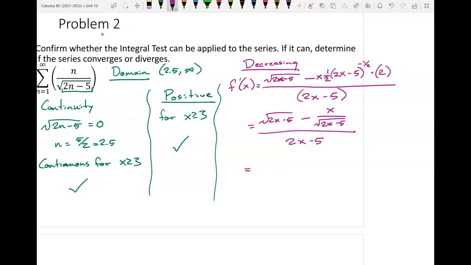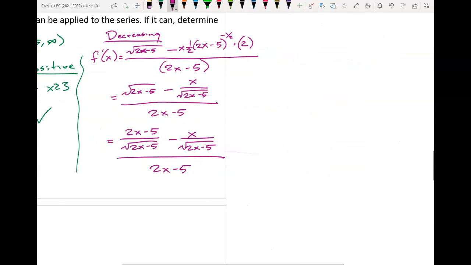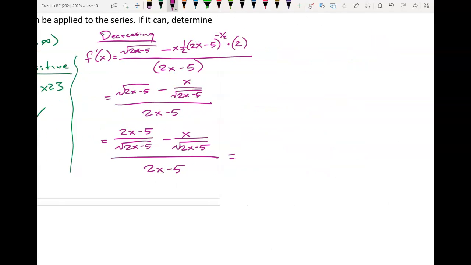So that should leave me with x minus 5 over 2x minus 5 times the square root of 2x minus 5.